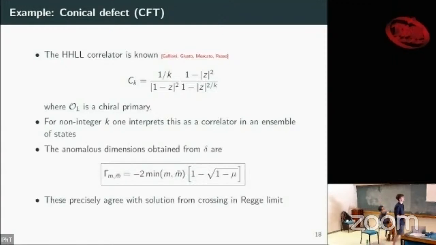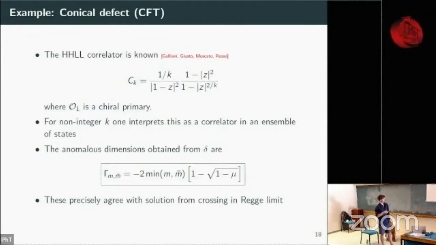I don't want to write any formulae, but you can compute an exact-in-mu anomalous dimension for these heavy-light double trace operators, and you can access this in two different ways. You can either solve crossing purely internally in the CFT and access these anomalous dimensions, or you can use the dictionary we had before and compute it as a prediction from the bulk eikonal.